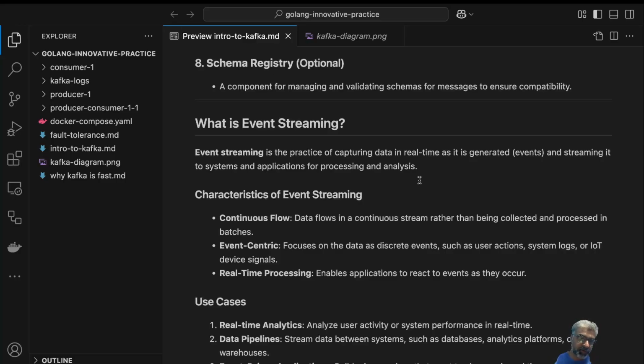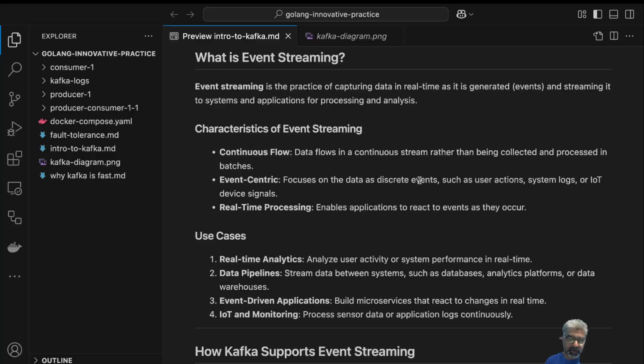Processing data is very important. Processing means the data is changed as well. You can see different use cases. Real-time analytics: analyzing the data for system performance. Data pipelines: data flows, streaming the data between systems, like maybe the data is coming to a database, and from the database you are sending it to data warehouse components, so you are using Kafka in between.